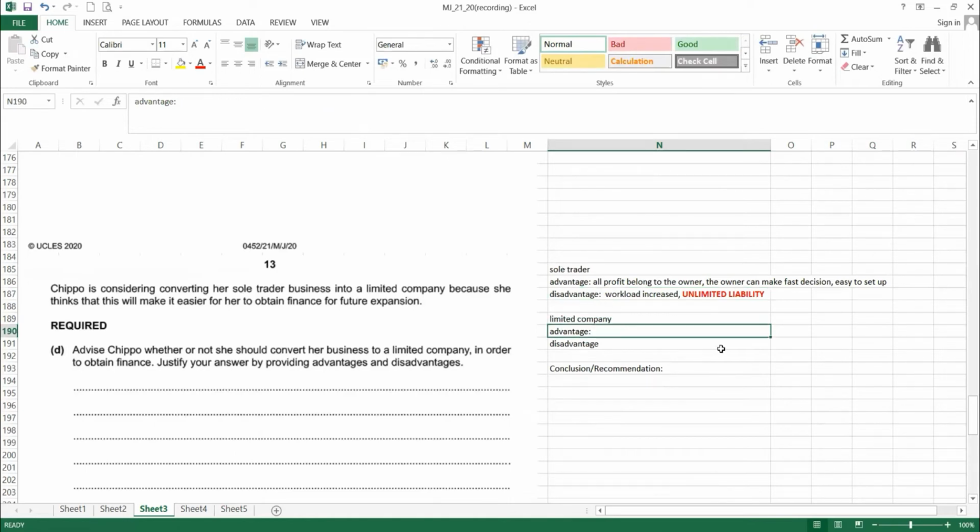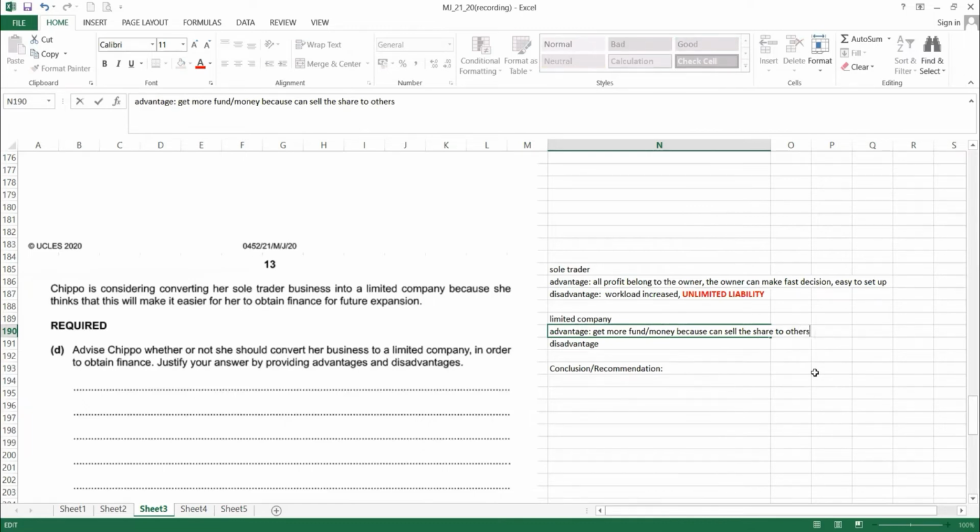So now come to the limited company. The advantage is that you can get more funds or money because you can sell shares to others.